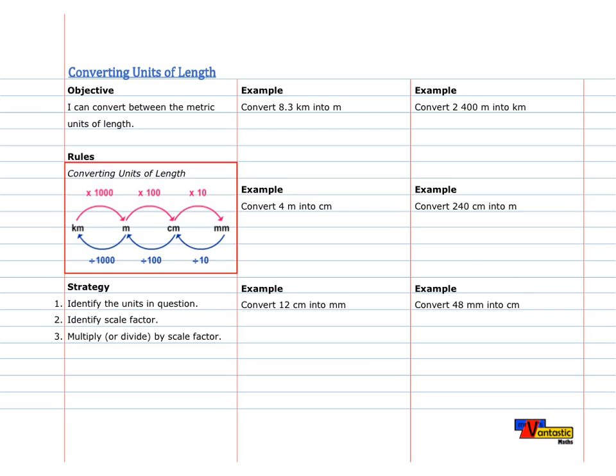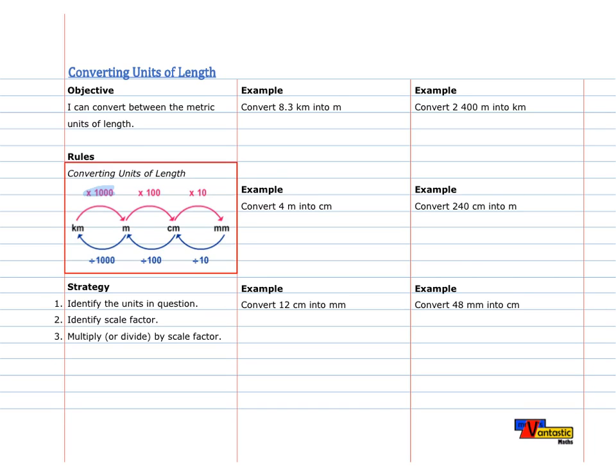In our first example, we want to convert 8.3 kilometers into meters. So the first thing I'm going to do is look at these units, and I can see that I want to go from kilometers into meters. Referring to my diagram, kilometers into meters has a scale factor of times 1000.